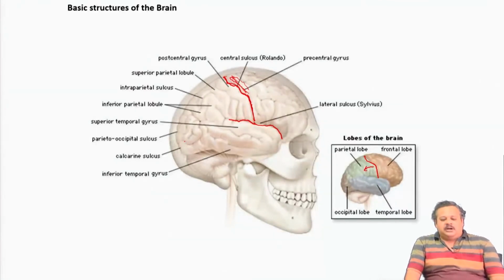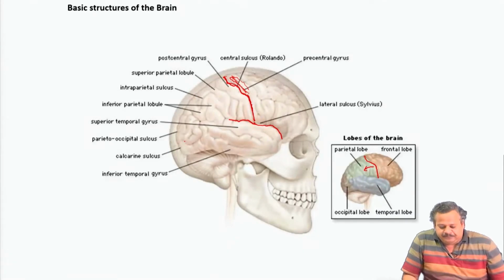Similarly, beside the postcentral gyrus, the region is a somatosensory input region, and then in the precentral gyrus is the processing of motor information and premotor information beyond that in the frontal side.